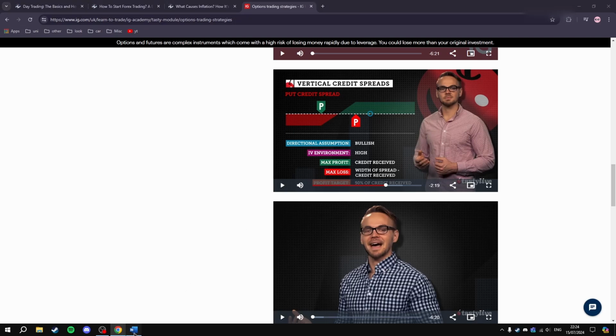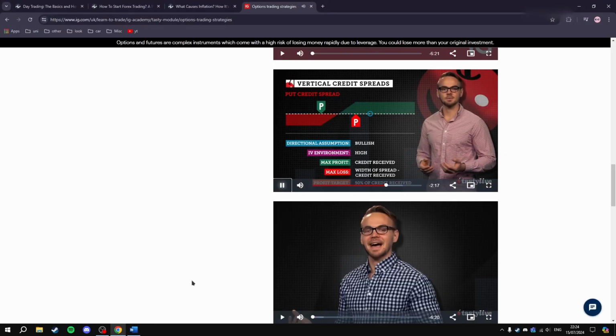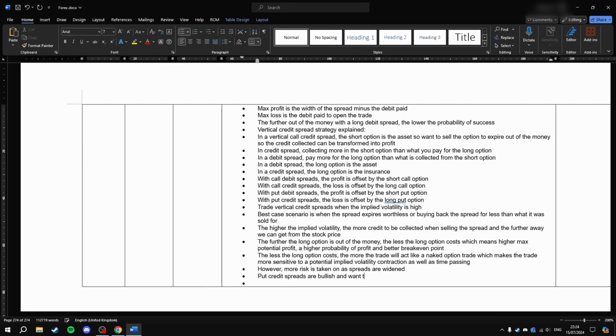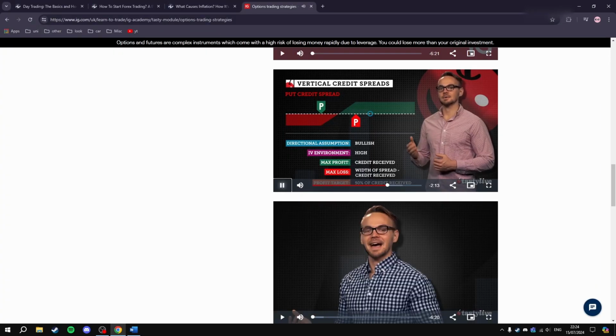So this is the put credit spread. Put credit spreads are bullish because just like selling a put, we benefit most when the options expire out of the money. The higher the IV environment is, the more premium we can collect and the further away from the stock price we can go.